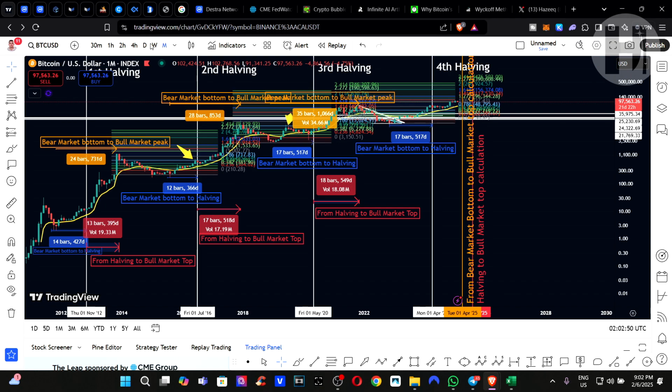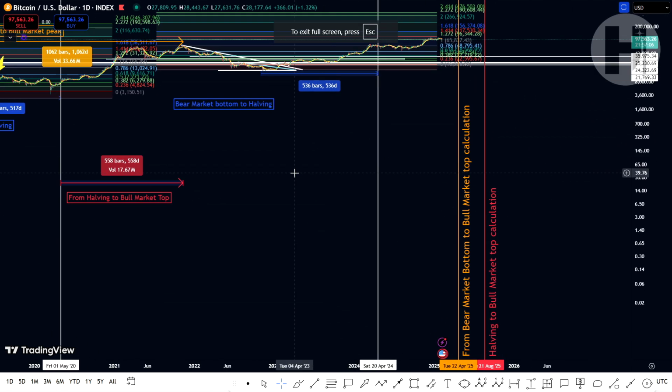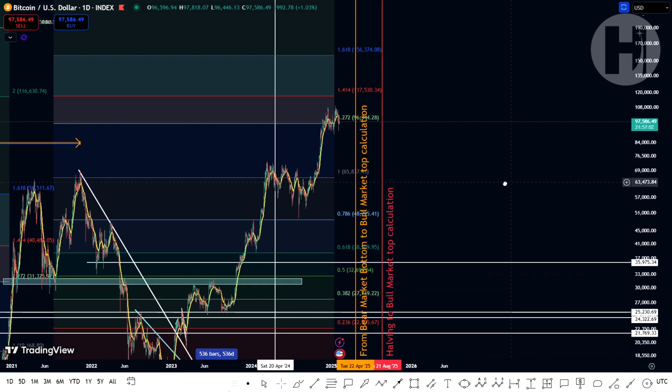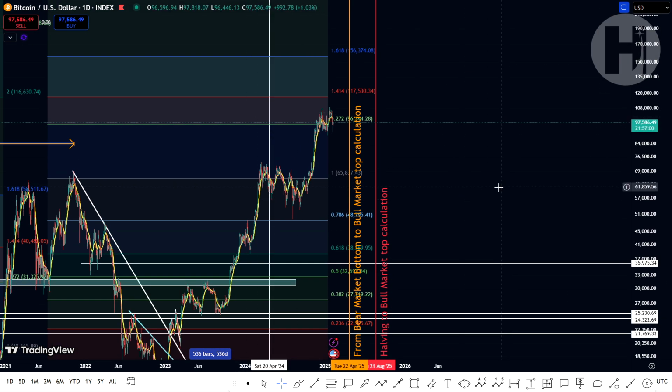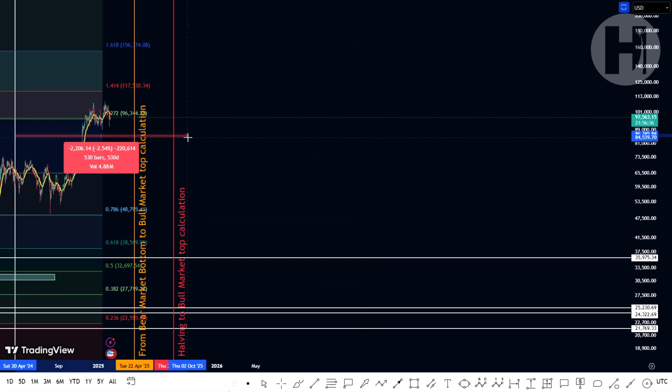Again, we can go back to the daily chart and we can do the exact same calculation. 533 days. So we're going to send this way. And I just want to be on April 20th. I have to zoom in a little bit more.